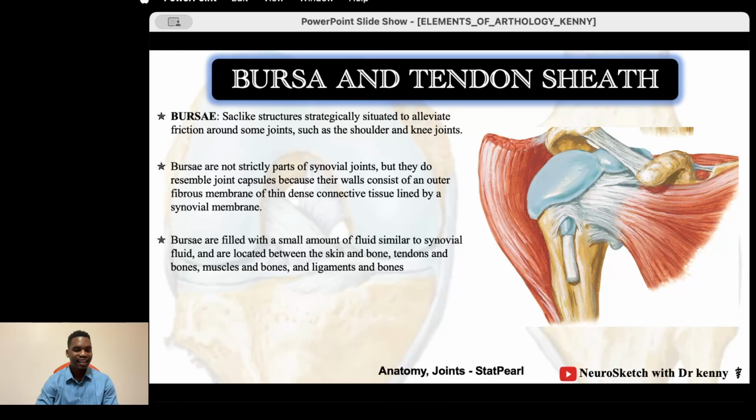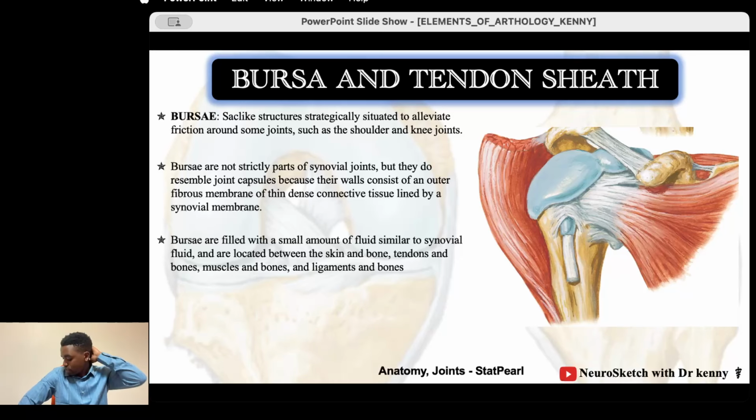It's a sack-like structure that is strategically present in certain joints to alleviate friction. For example, in the shoulder joint we have a bursa, and in the knee joint we also have a bursa. The primary function of a bursa is to prevent friction between the articulating bones.